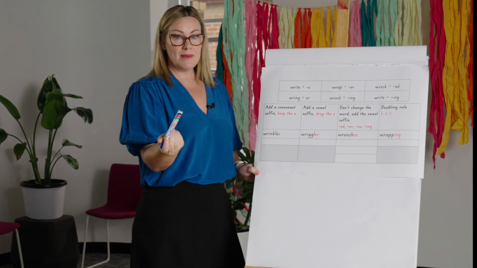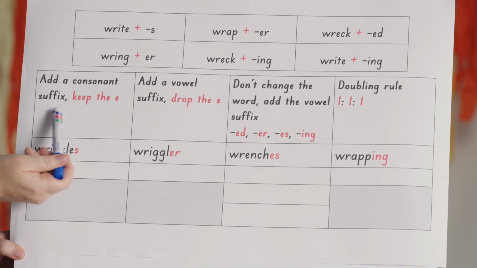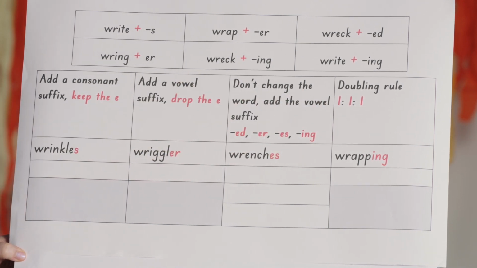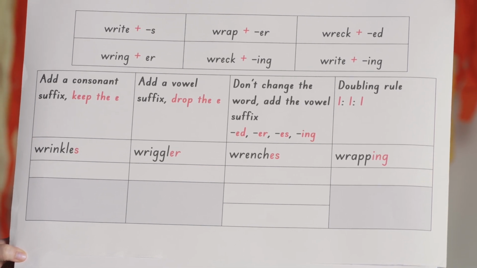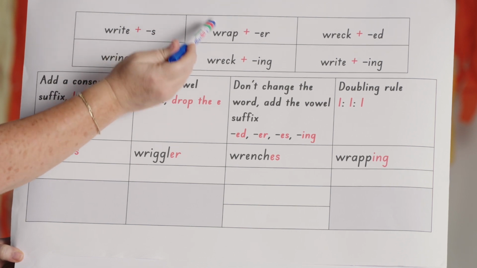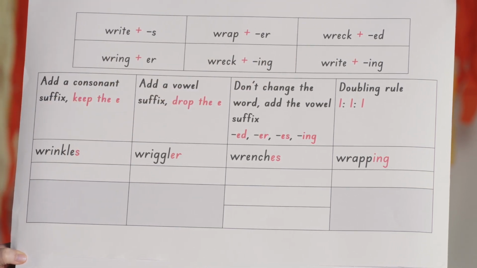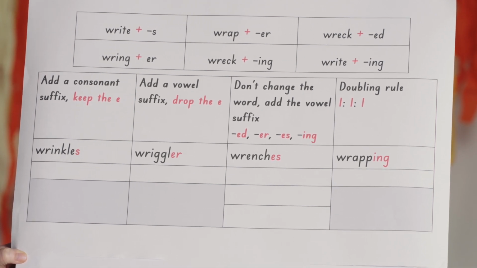So remembering, we need 4 columns. You do need to write out that whole rule at the top of the column. When you've done that, come back to this screen again and then use the words in the top 6 boxes, add the suffix, and then place them into the column of the rule that that word follows.